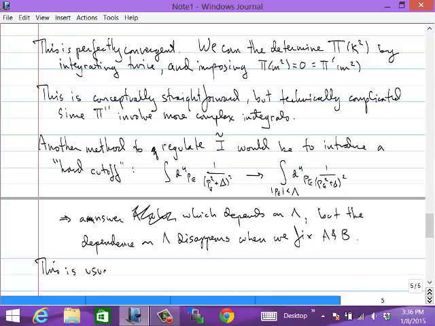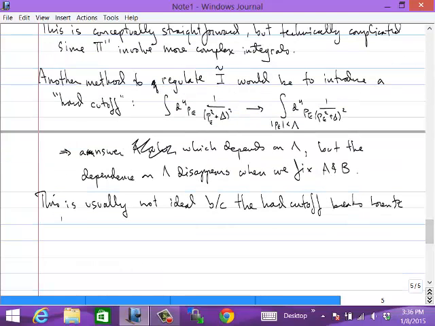So this is usually complicated because the cutoff lambda breaks Lorentz invariance. Because we're introducing some new energy scale, and we're only integrating over modes with energy below that scale.